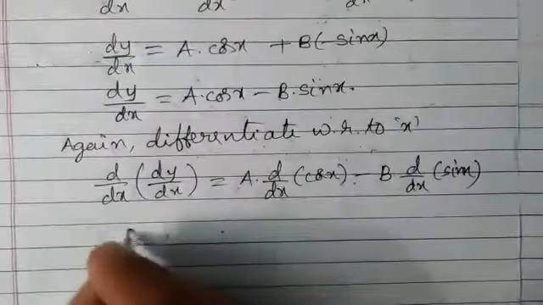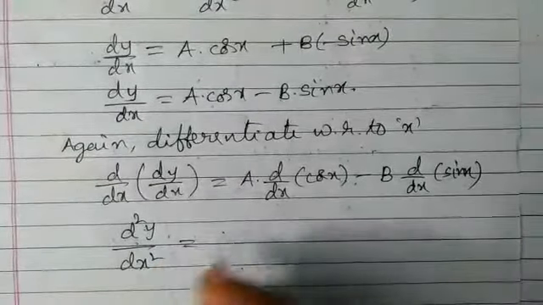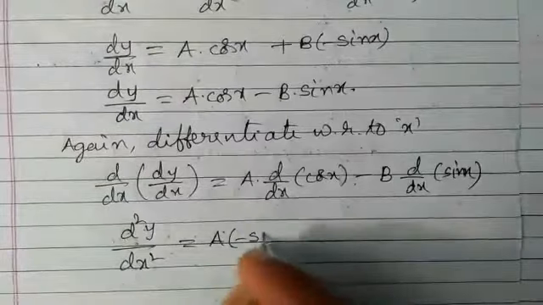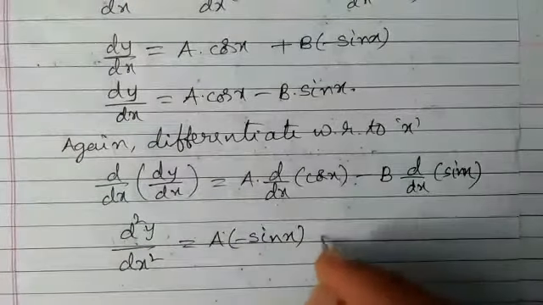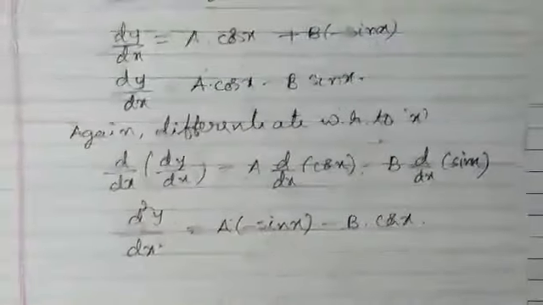Now what do you get? d square y by dx square is equal to a into minus sin x minus b into cos x.